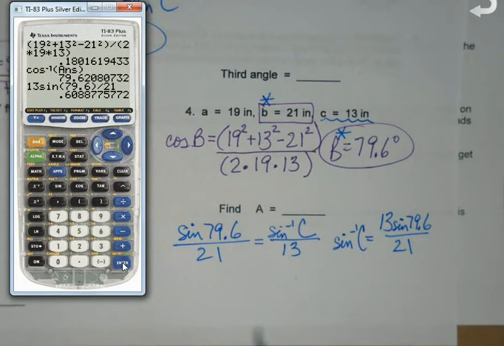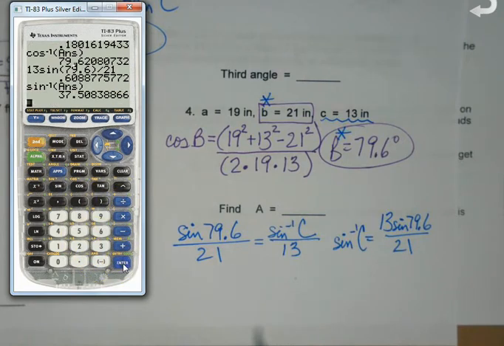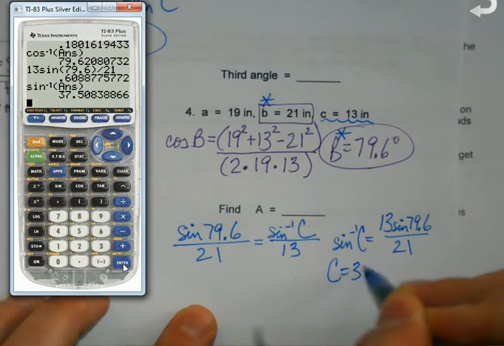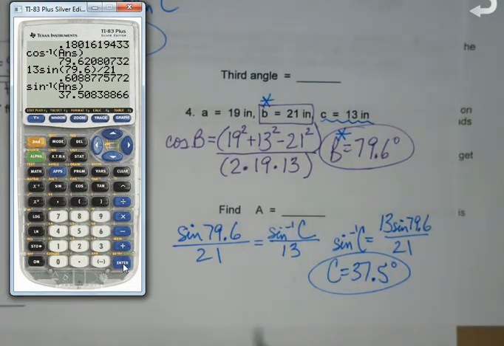Again, that's my decimal form. I need the angle, so I do the inverse of sine, second sine, plug in that decimal. C is going to be 37.5. And then again, to get my A, I'm just going to take 180 minus the sum of the two angles that I've already found.